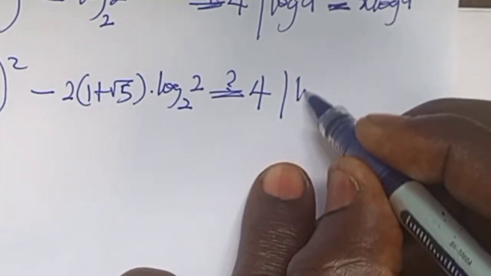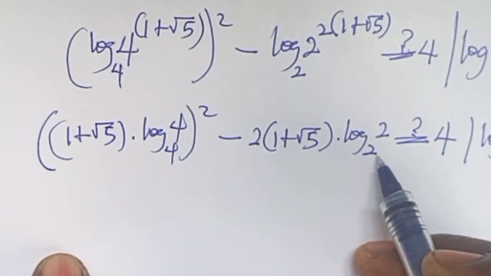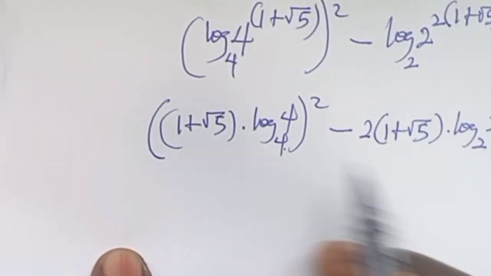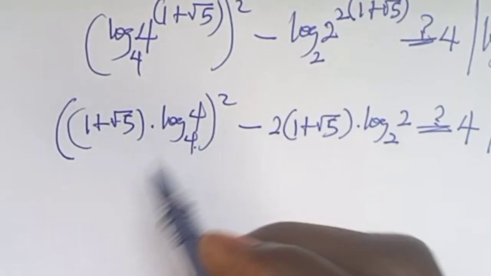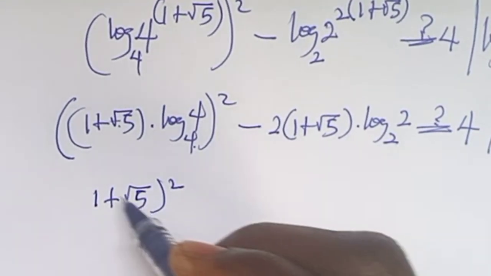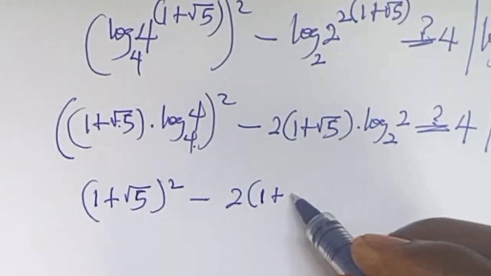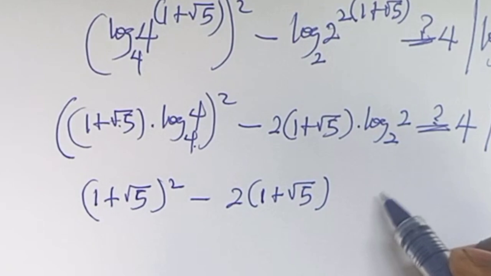We have the fact that log a base a is equal to 1. That way, log 2 base 2 will be 1. Log 4 base 4 also will be 1. So that what is left will be 1 plus root 5 to the power of 2 minus 2 into 1 plus root 5.